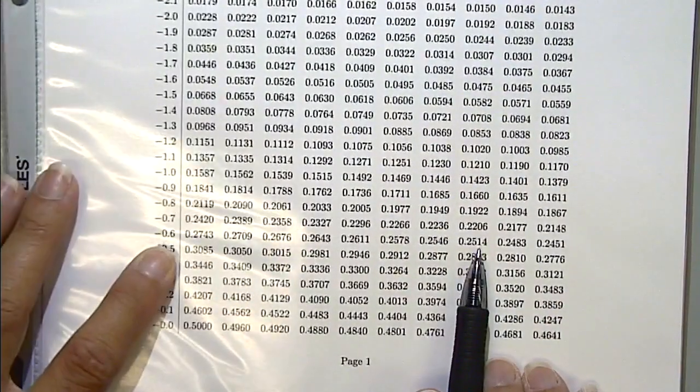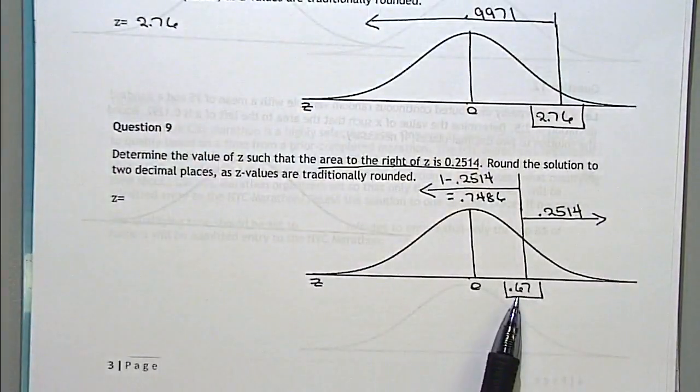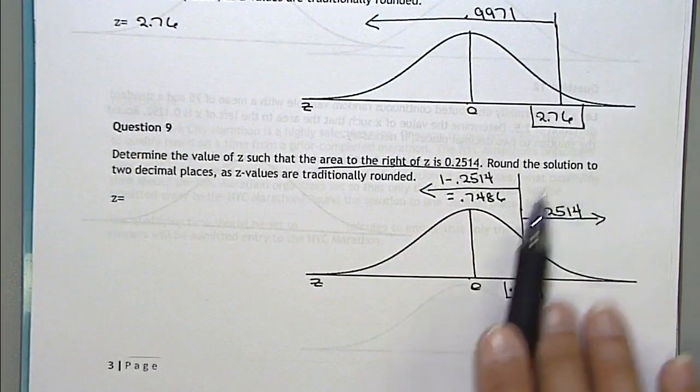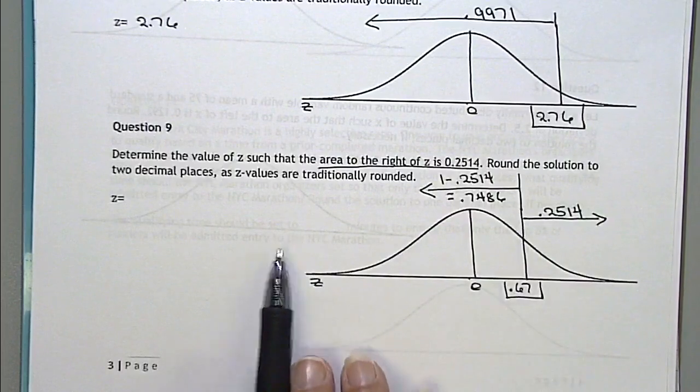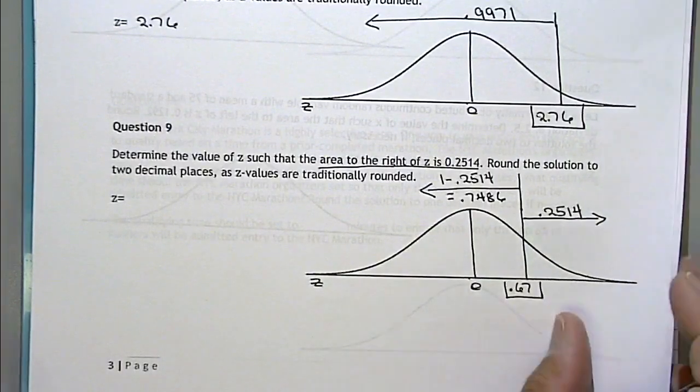Here it is. It's negative 0.67. Look, it's the opposite, isn't it? That's the shortcut. When you need an area to the right, you can look it up over here and just take the positive z-score. Don't use it if it confuses you, okay?